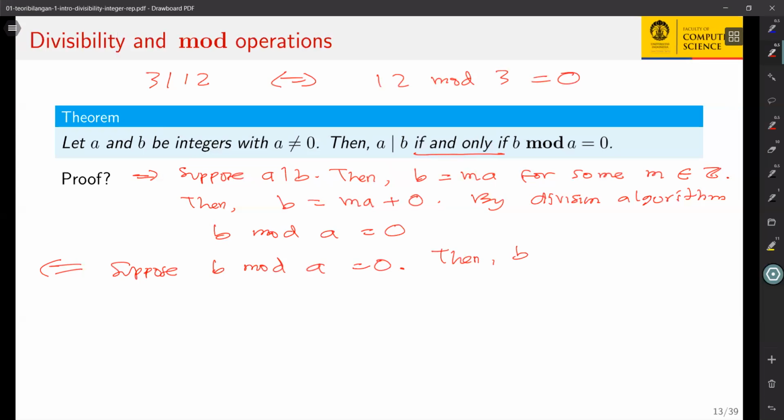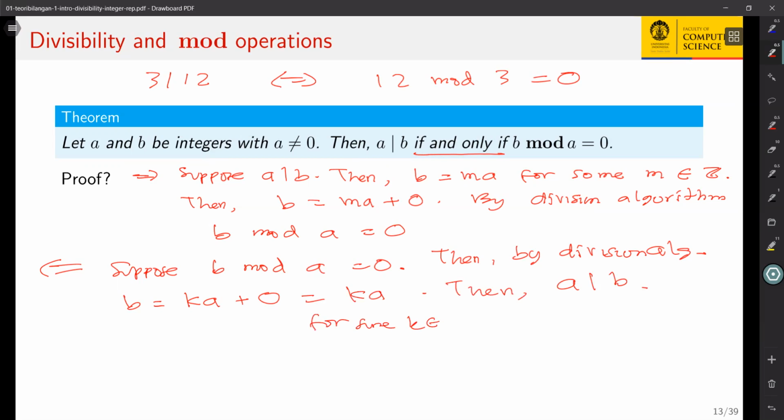Correct, by the division algorithm, we have that B is equal to K times A plus 0, right? And therefore, this means that B is equal to K times A, which means, obviously, that A divides B. This is for some integer K, right?